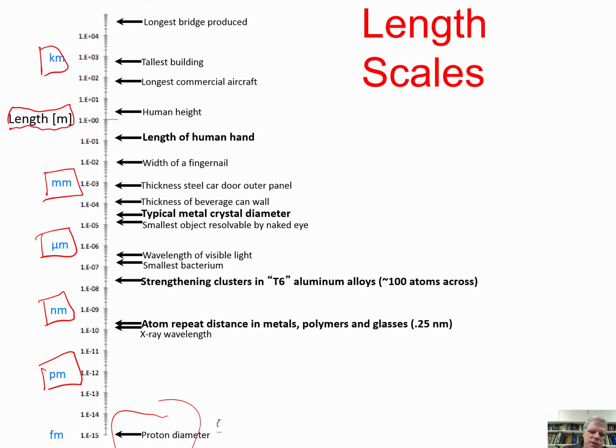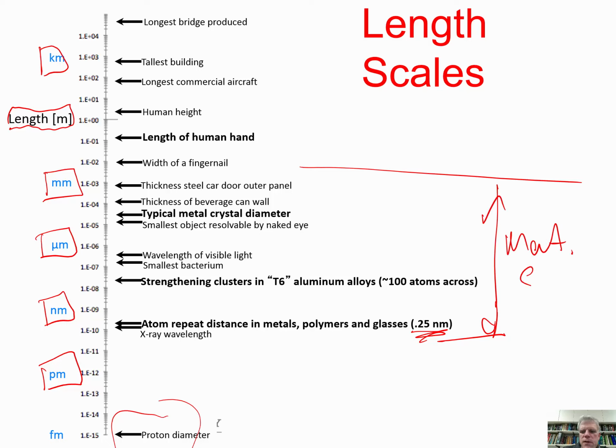This is proton diameters. Atomic repeat distances sit here, mentioned before, about 2.5 angstroms, and it's kind of from here to about here. This is really the range of length scales that we consider material science.